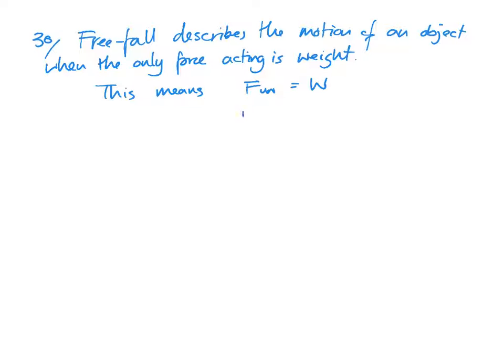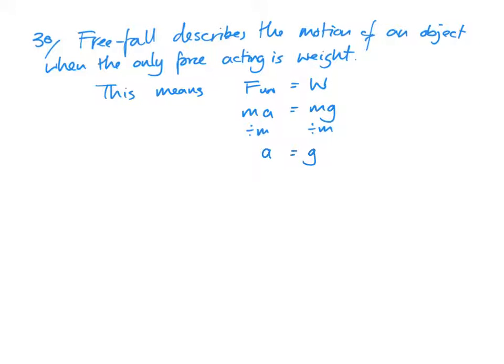But we also know from Newton's second law that F_un is ma, and we know from our definition of weight that weight is mg. And then if we divide both sides by m, it cancels out on both sides, and you're left with a equals g.